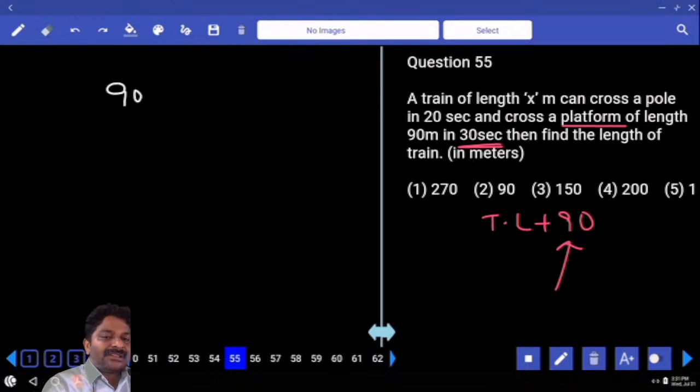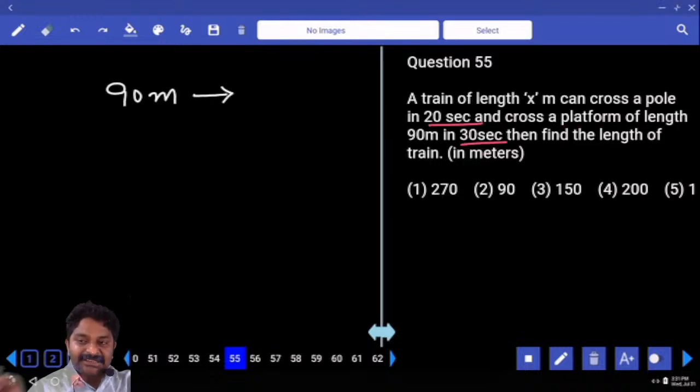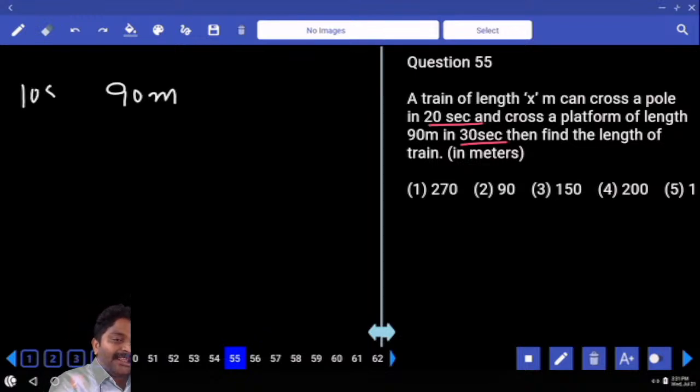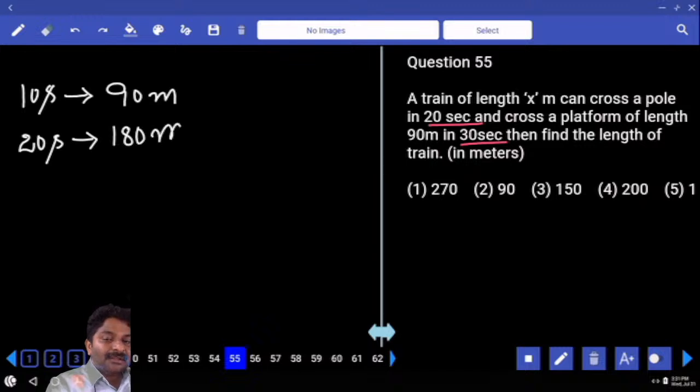To cover this extra 90 meters, how much extra time is it taking? So can I say in 10 seconds it will cover 90 meters? To cover the train length, how much time should it travel? In 20 seconds, with the same proportion, how much distance can it cover? 180 meters. Then the train length is 180 meters.